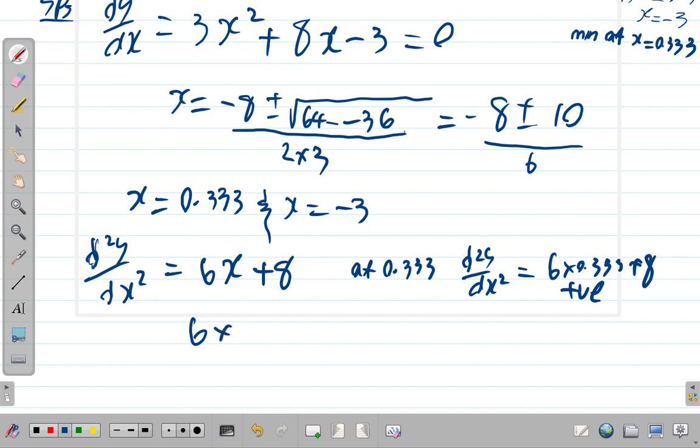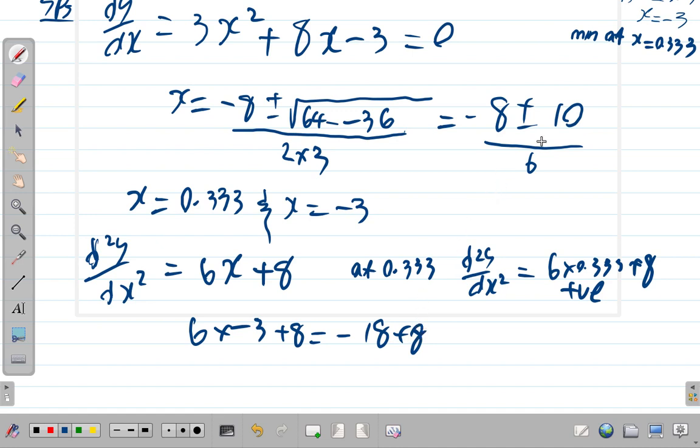Now 6 times -3 plus 8 will be -18 plus 8. Even though we can calculate it quickly, we can see that the value here will be negative.